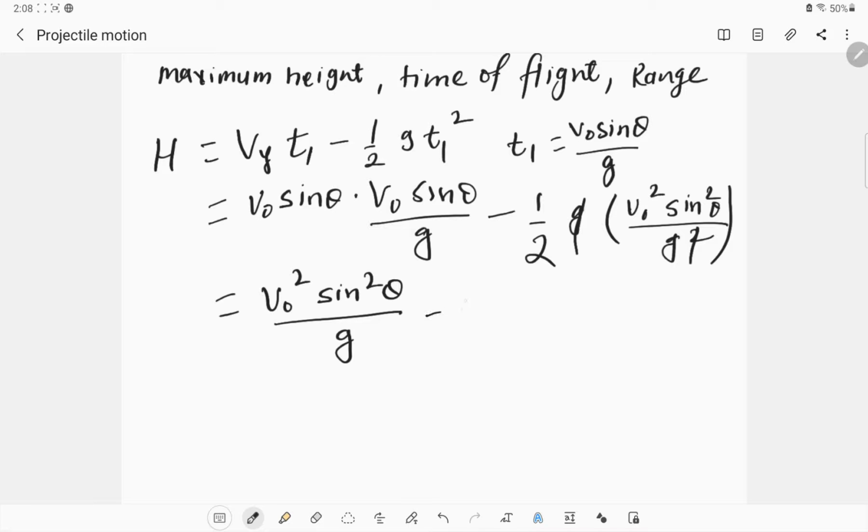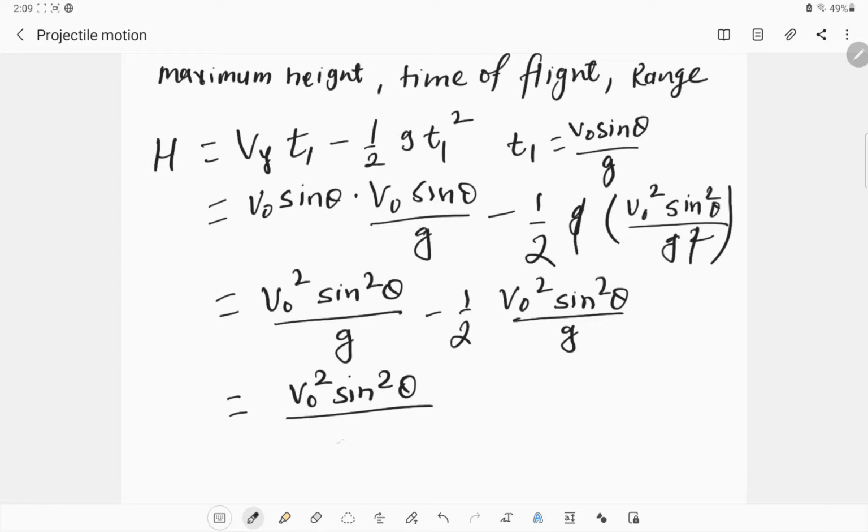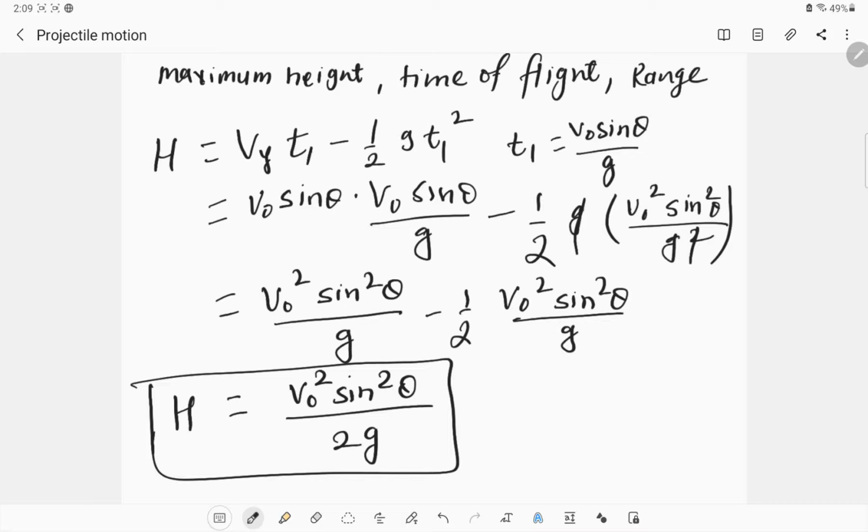So divided by v naught square sine square theta divided by g. Okay, if you calculate this one, you will get v naught square sine square theta divided by 2g, right? This is the maximum height attained by a projectile.